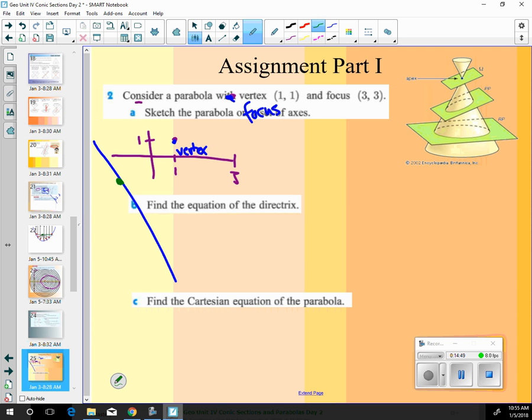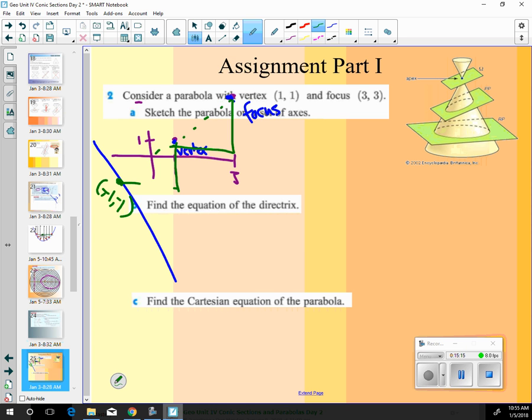You know it's somewhere along this line. You know this is down 2 over 2, so if we go down 2 over 2, what will this point be? Negative 1, negative 1, right? So why is the directrix in that line? Why is it not closer to the vertex?